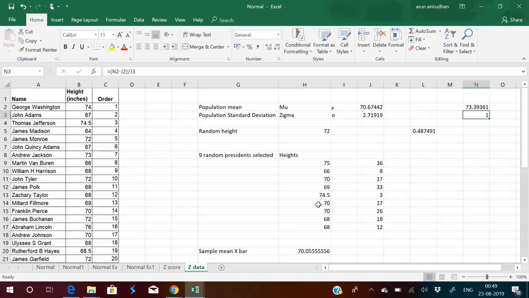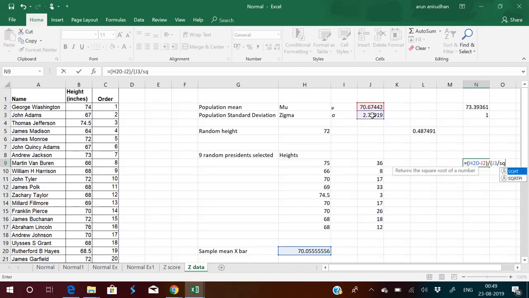So you use the other one, S bar, that is the average of this one, sample mean x bar, S bar minus mu by, we can see how it is, suppose this is the case, equal to bracket s bar minus mu divided by again bracket sigma divided by square root of n, that is 9.